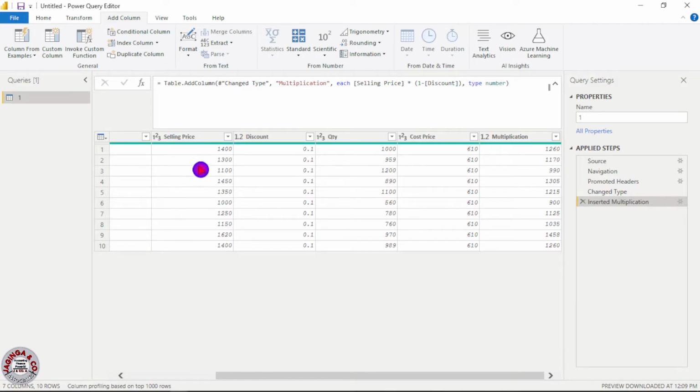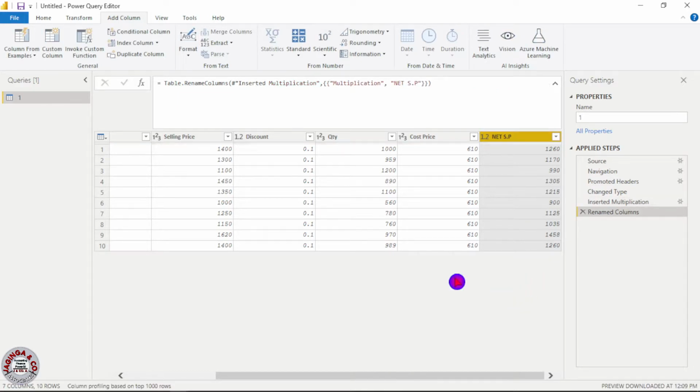The initial selling price was 1400, but we gave a 10% discount. So now we have 1260. Then from here we can rename this column to net selling price. Let me just call it net SP.